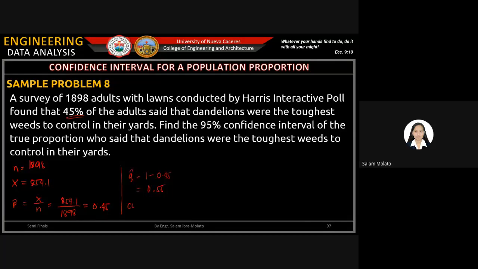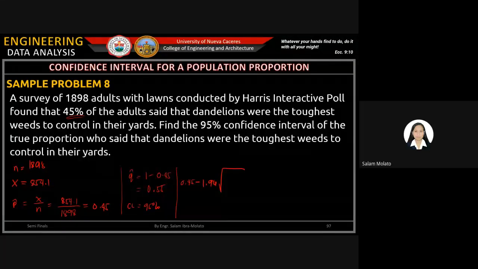Our CL is 95%. So, lower and upper limit. It's easy now, right? So, that would be p-hat is 0.45 minus z. For 95%, how much is that? I think that's 1 point something, 1.90. Let me use 1.96 for 95%.